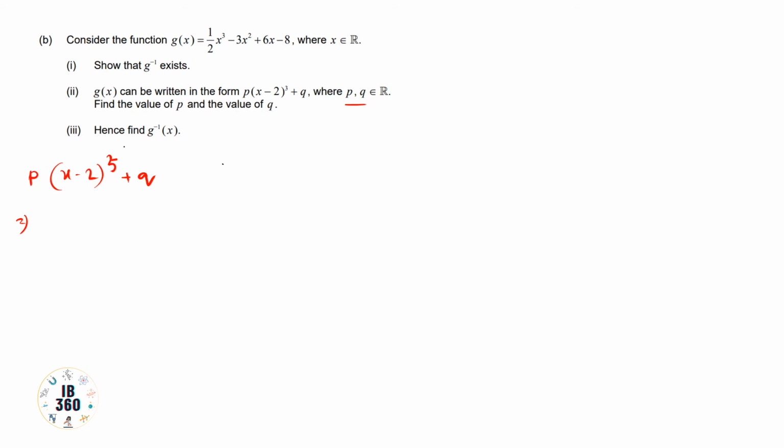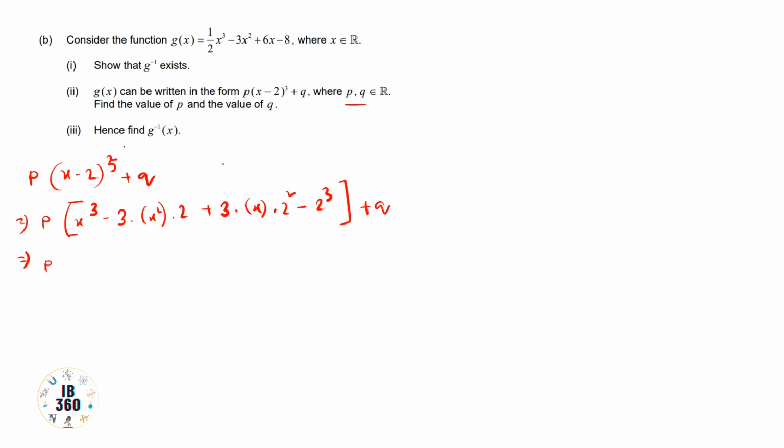So just expand this part. P into this will be x cube minus 3 into x square into 2 plus 3 into x into 2 square minus 2 cube, plus q. Just see the steps I am doing here.